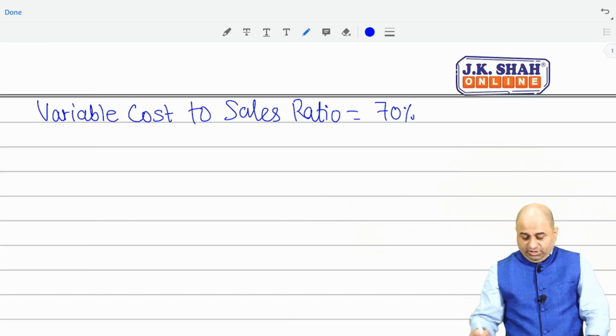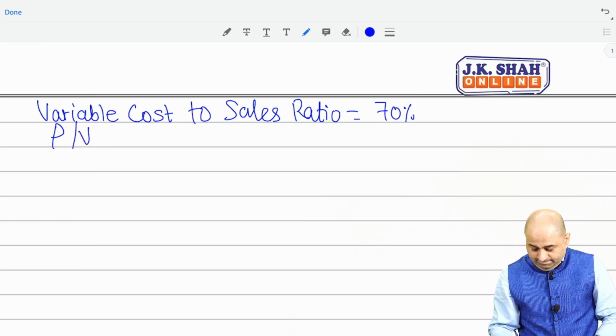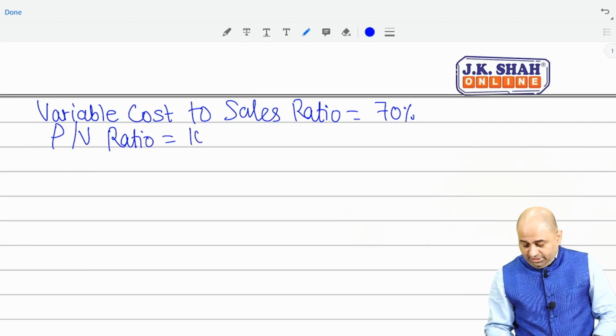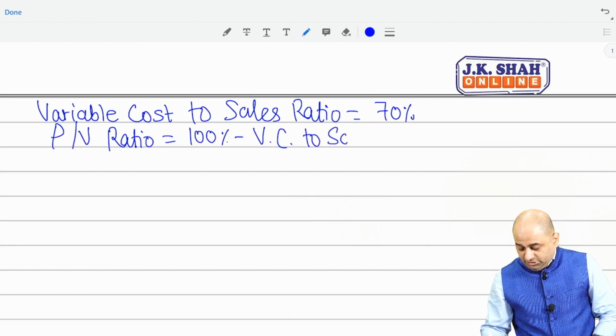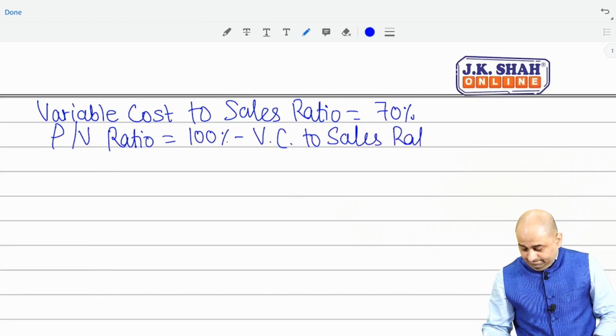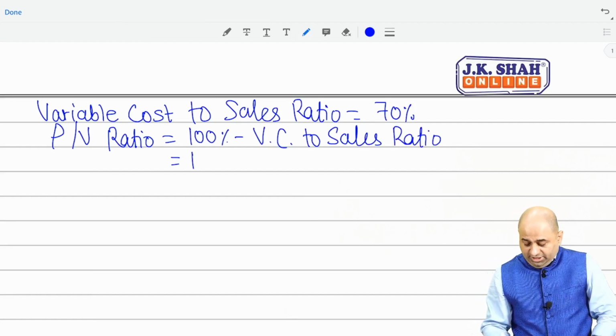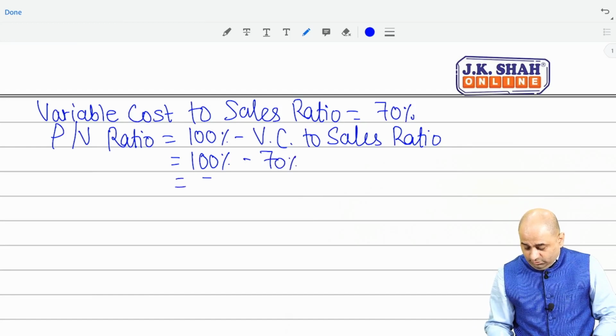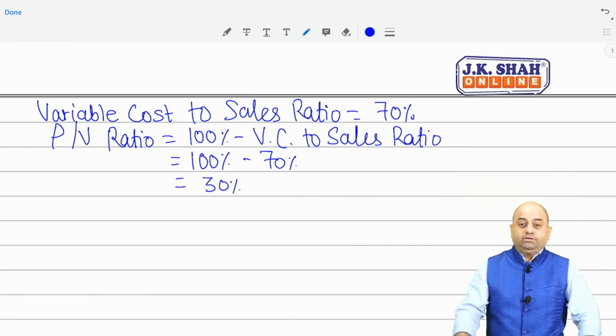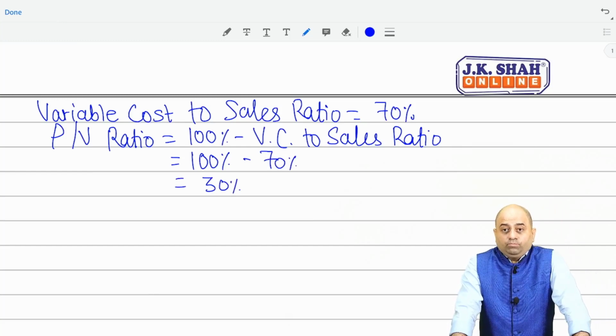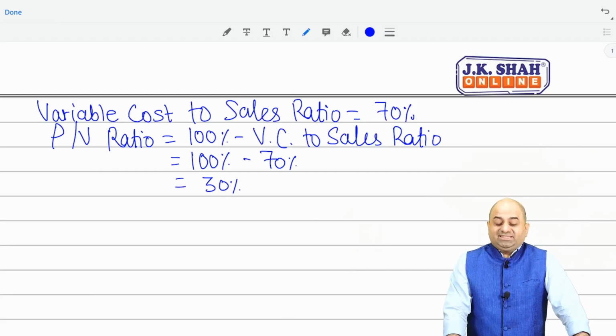I'm sure you will remember PV ratio is equal to 100% minus VC to sales ratio. So 100% minus 70% is equal to 30%. Now, they have further said that break-even point occurs at 60% of capacity sales.